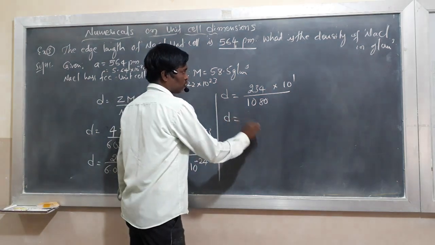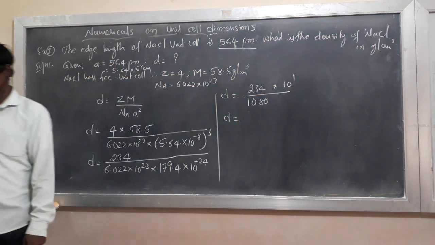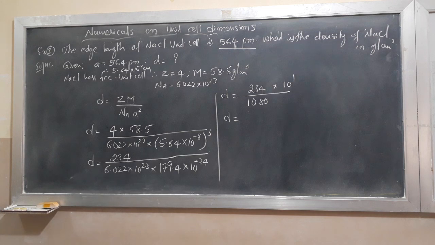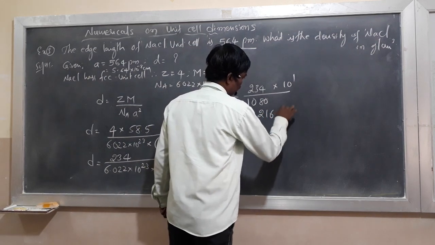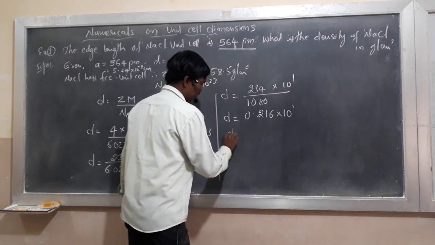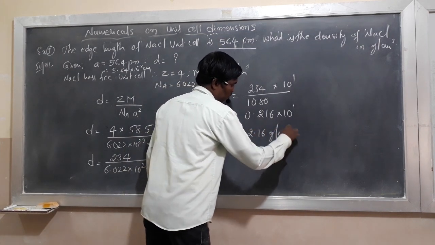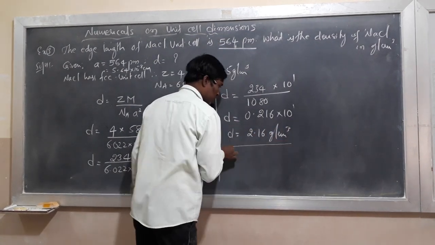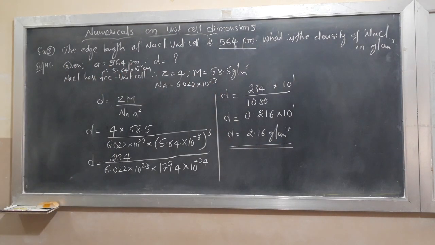Then D is equal to 234 divided by 1080, which gives 0.216 into 10 raised to 1. Therefore D is equal to 2.16 gram per cubic centimeter. So this is the density of sodium chloride.